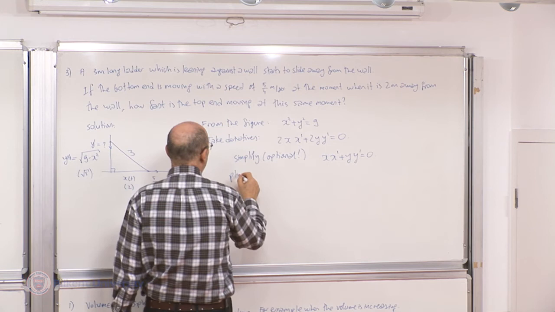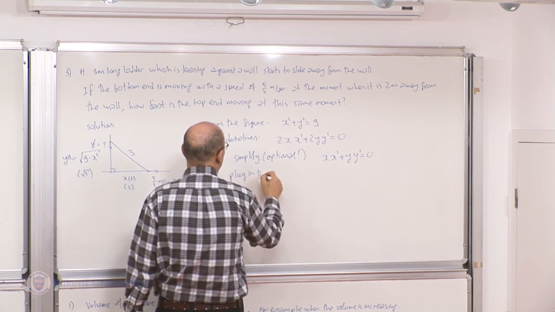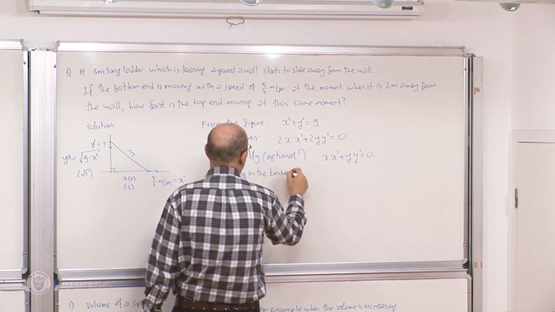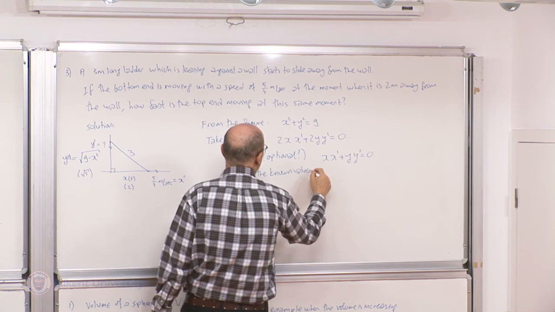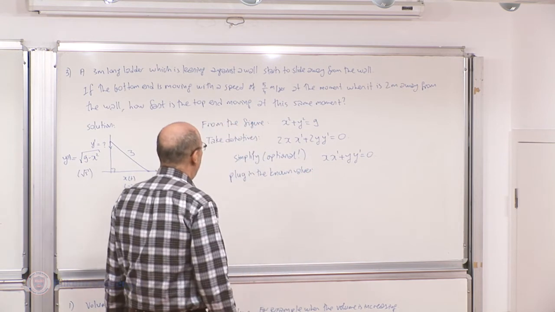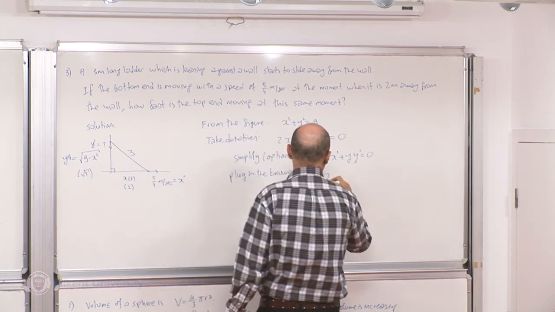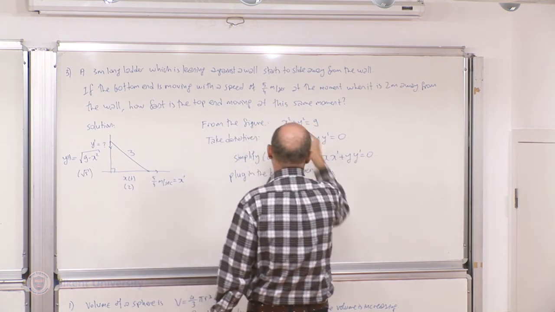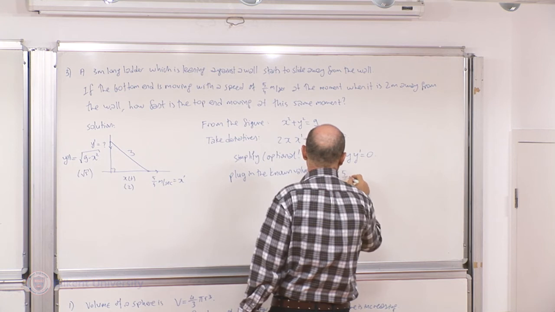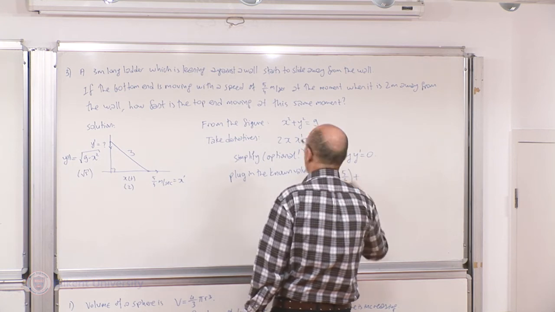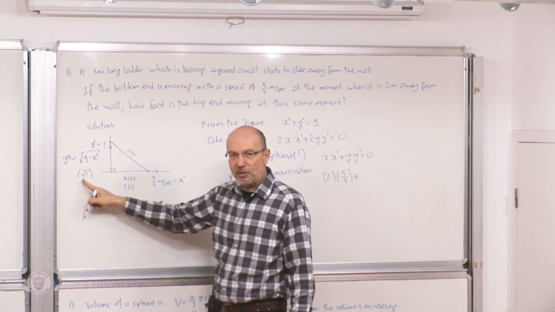Plug in the known values. At that moment x is 2, x prime is 5 over 4, plus y is, I solve this here.